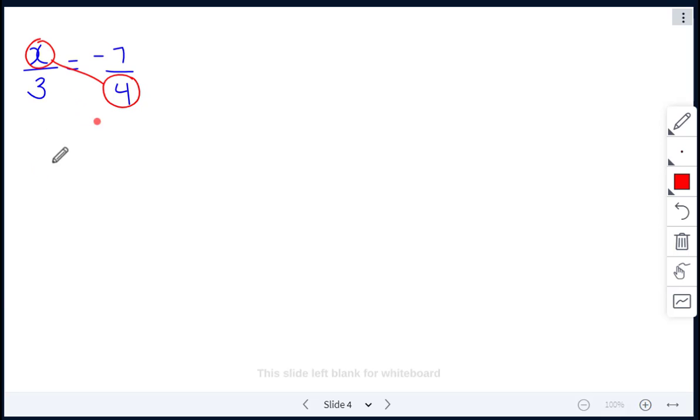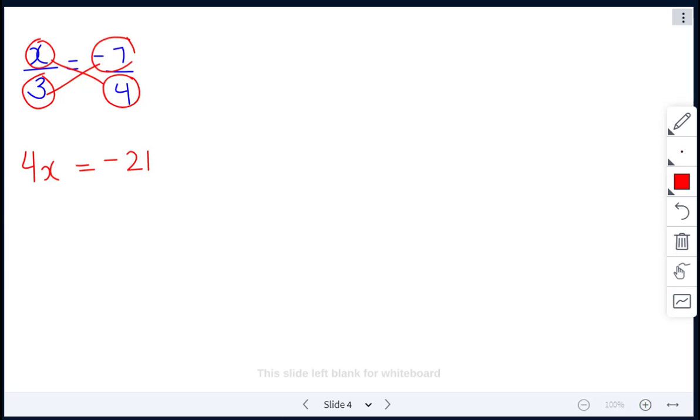So x times 4, that's 4x. And then on the right-hand side, we're going to take 3 and multiply it by negative 7, which is negative 21. So for that one, it looks like that. And then you would go ahead and continue to solve for x.